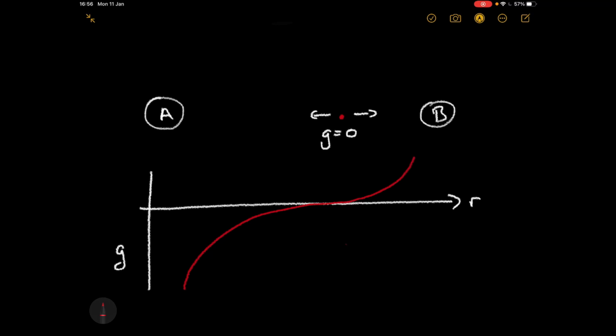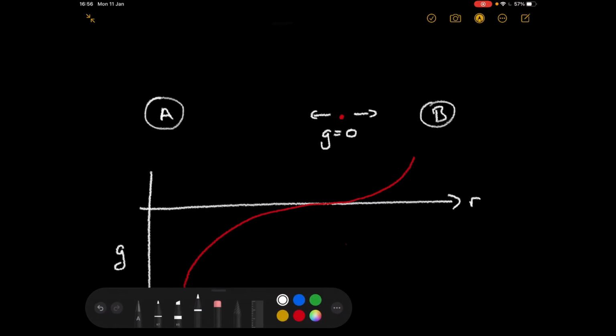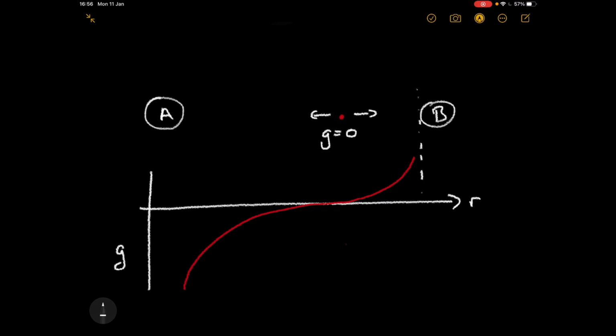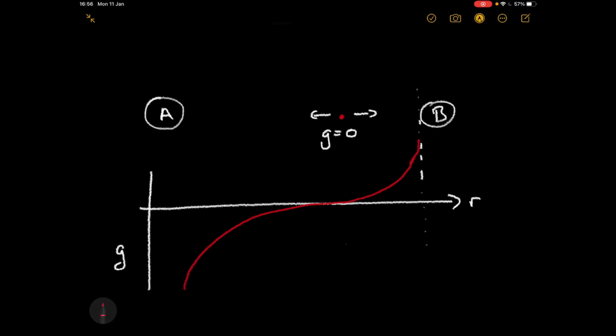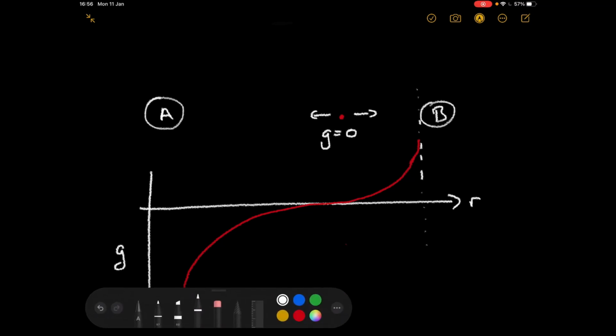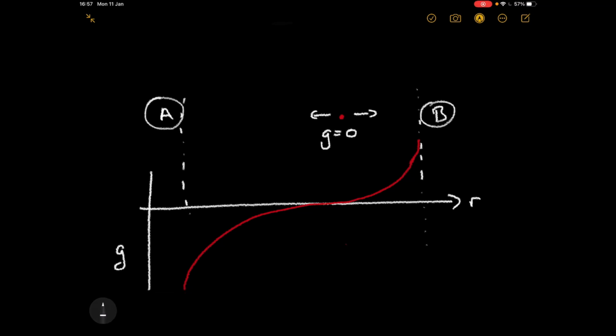So we'd have the point due to this, and then you'd have something which would start to climb up by the time you hit the surface of this planet. And that's the surface of that planet.